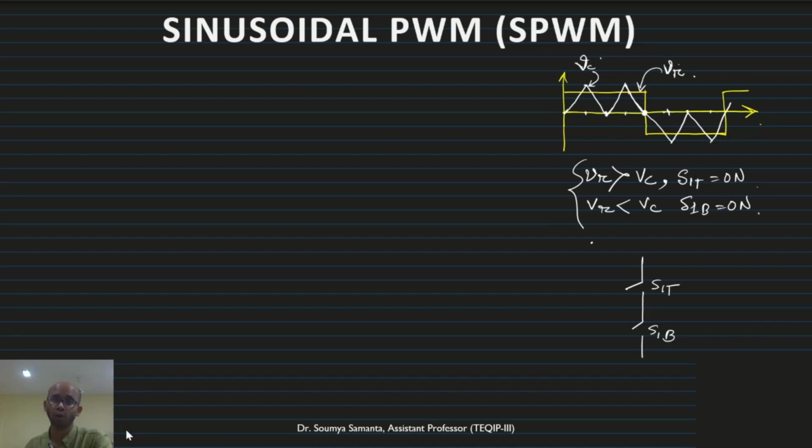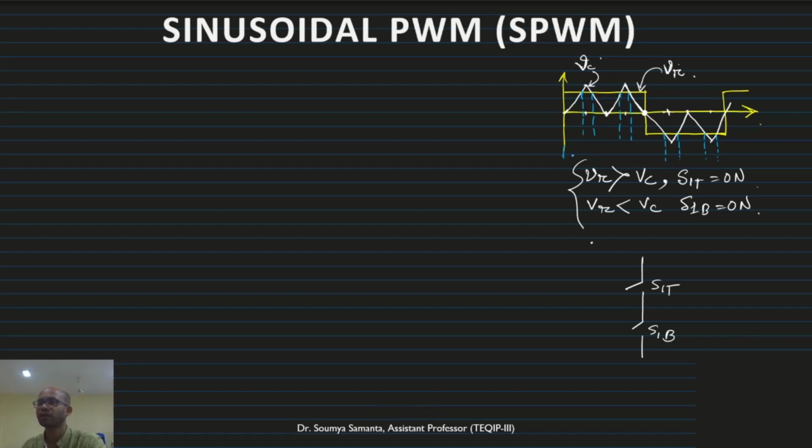How the pulse will look like, let me show it using a different color. So when the reference voltage VR is greater than VC. Now let us denote this part. Okay.